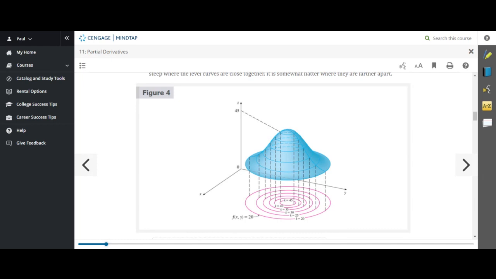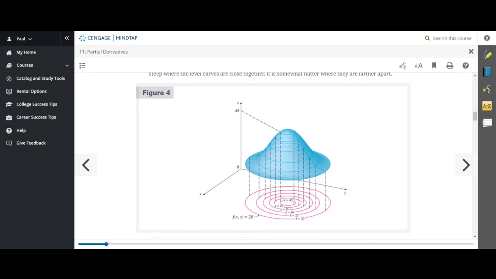So essentially, you can get an idea of what your surface looks like by looking at the level curves in the XY plane. They intuitively give you an idea of what this surface looks like. Now, as the surface gets steeper, what happens to the level curves?